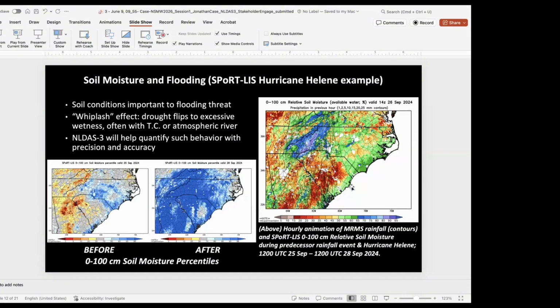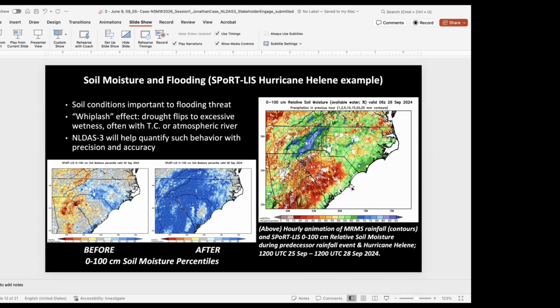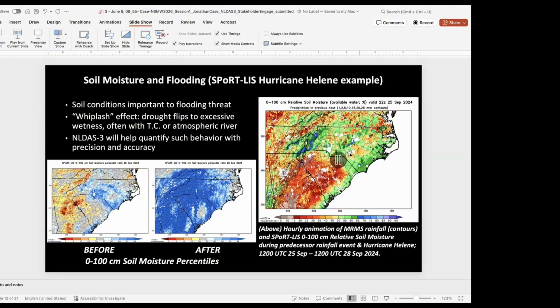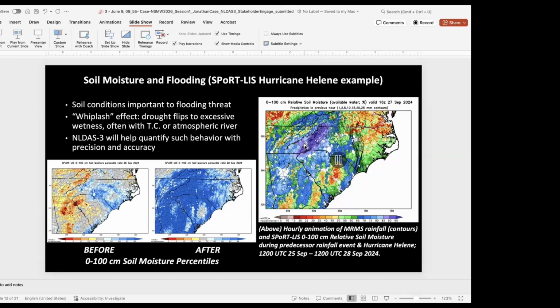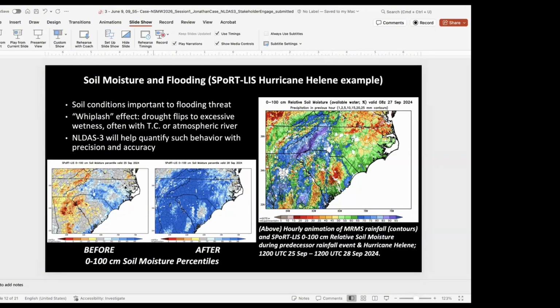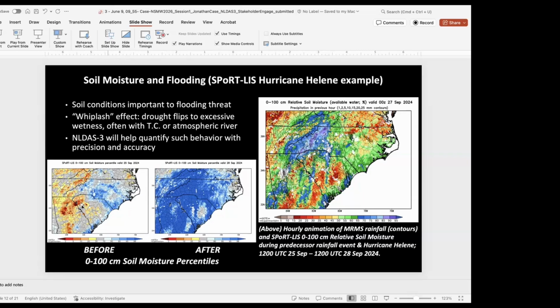And here's the last impact example. This is, of course, Hurricane Helene that impacted the Carolinas and particularly Asheville hard. This is an example from the SPoRT LIS where we're looking at hourly MRMS precip contours and the percent soil saturation in the Western Carolinas and Georgia and South Carolina. And this is before and after soil moisture percentile relative to climatology.